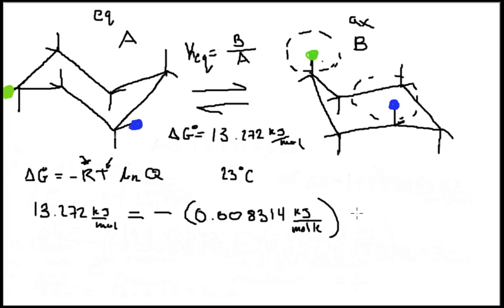And then the temperature is 23 plus 273.15. We have to add the 273.15 because we need a temperature in Kelvin, so that our units Kelvin are going to cancel, and that's times the natural log of Q.